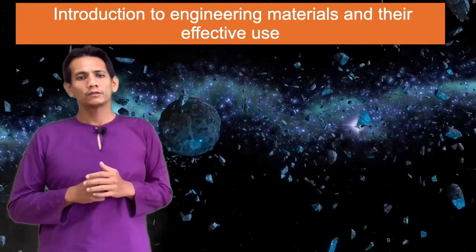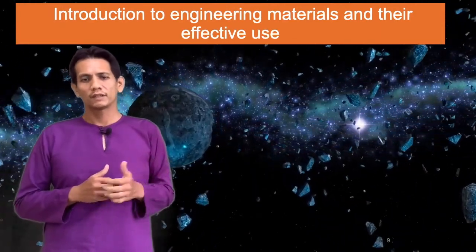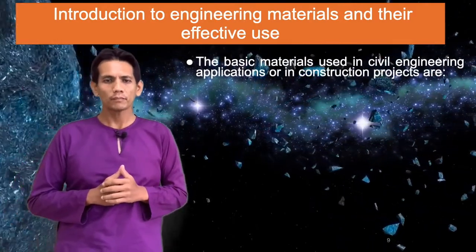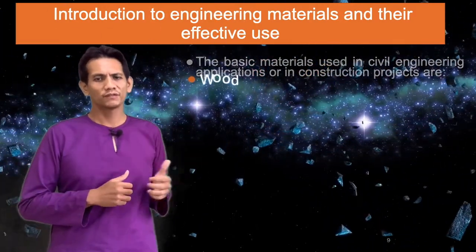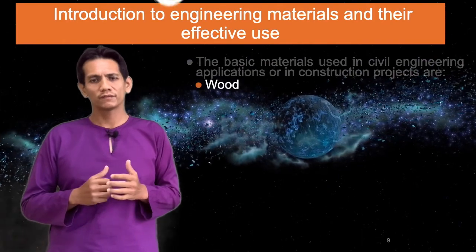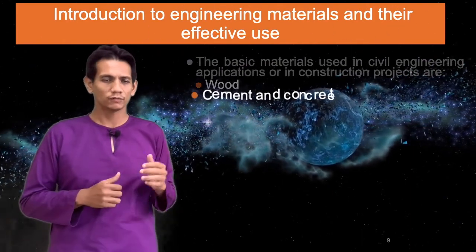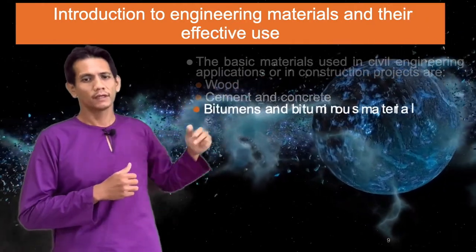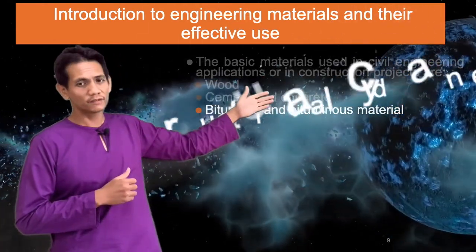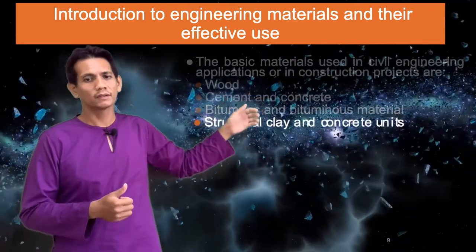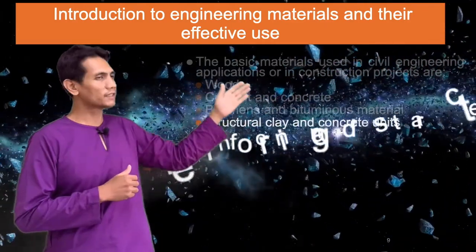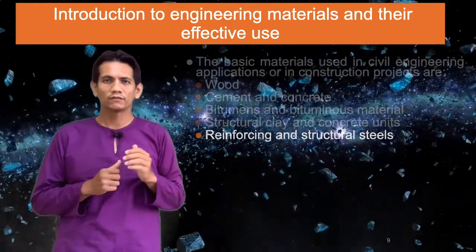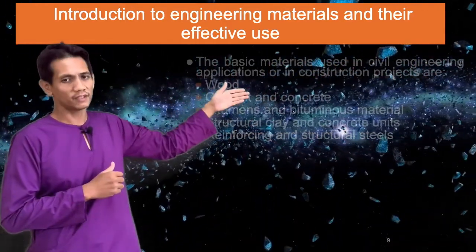Alright, and then the introduction to engineering materials and their effective use. We continue back with the first topic. The basic materials used in civil engineering applications or in construction projects are: first, wood; then cement and concrete; bituminous materials; structural clay and concrete units; and reinforcing and structural steel.